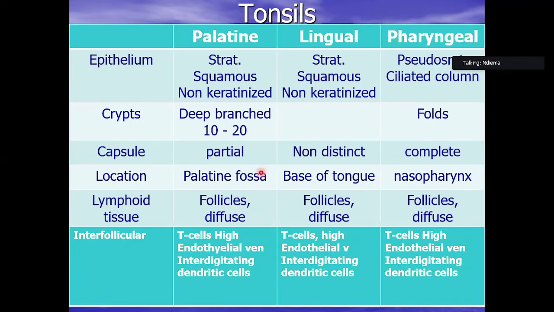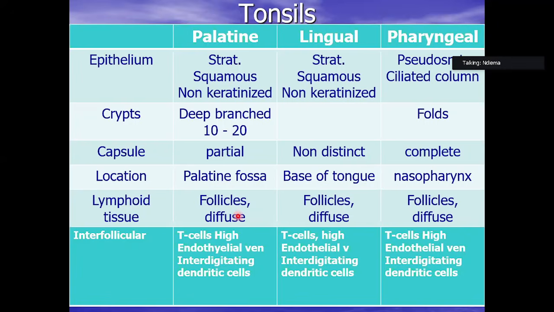What we have is lymphoid tissue, and this lymphoid tissue will consist of either follicles, which are very nice oval spherical aggregates of lymphocytes, or diffuse.